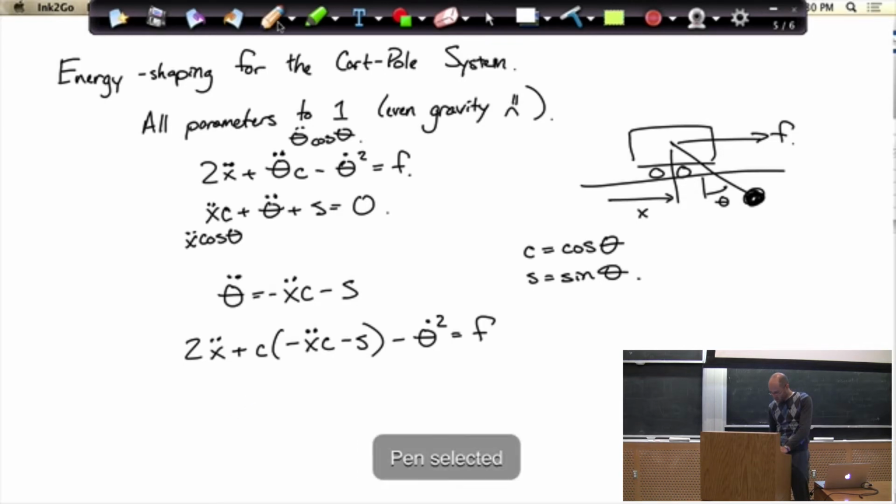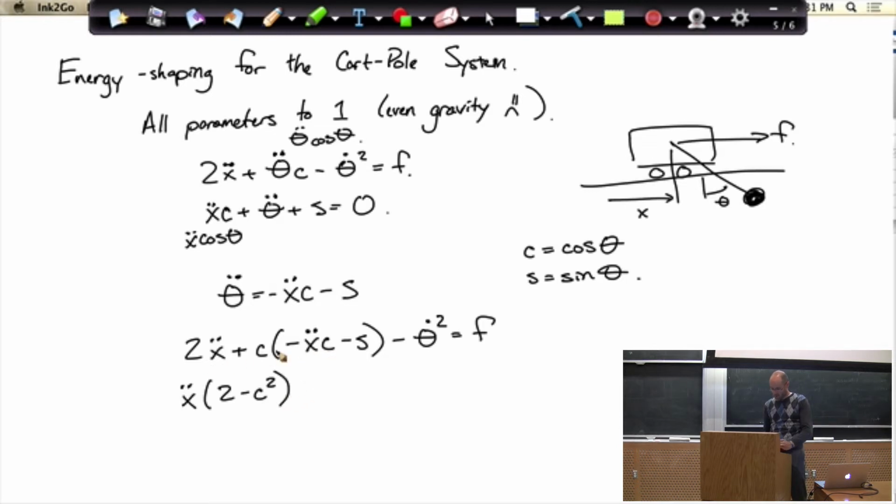So what is it going to be? 2 minus c squared, right? And then minus sc minus theta dot squared equals f. Right?